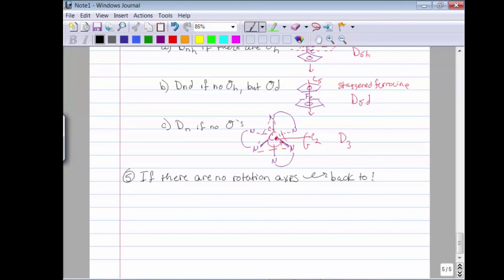Go back to the low symmetry groups. C1, if only E. Ci, if E plus an inversion center. And Cs, if only E plus a mirror plane.